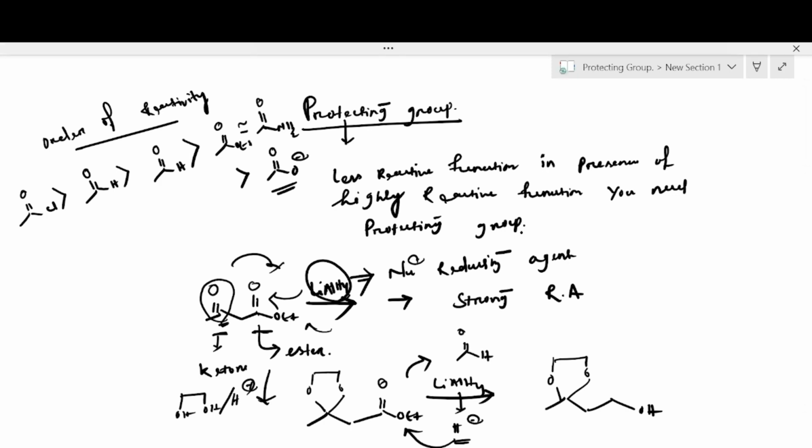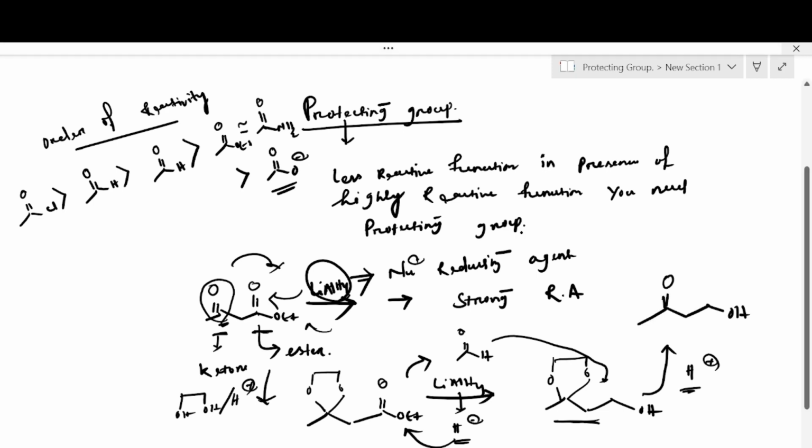then aldehyde to alcohol. After that reduction, if you want to deprotect the functional group, we just need to add acidic condition. In acidic condition, that protecting group is deprotected and we will get this alcohol.